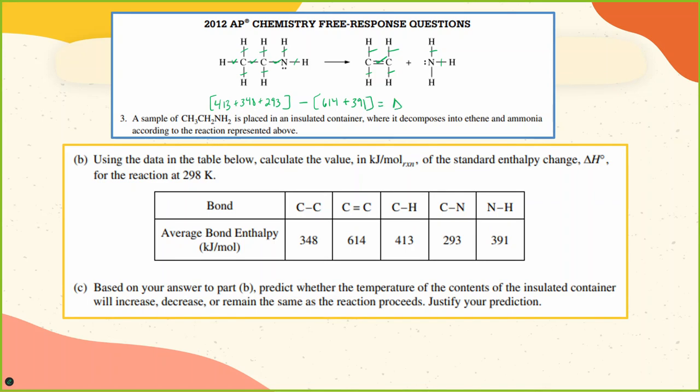This is going to give us delta H based off of bond energies. So I'm getting, for this one, I'm getting 1054.